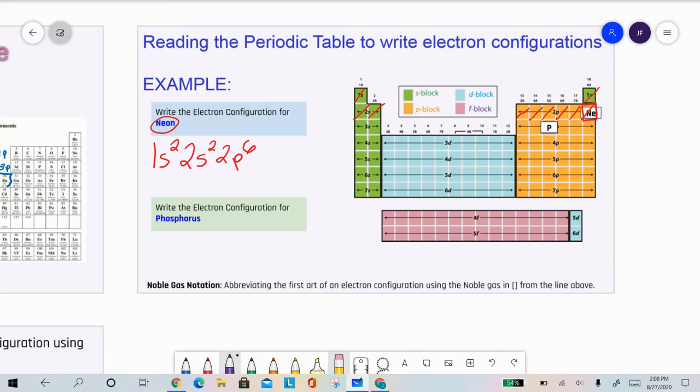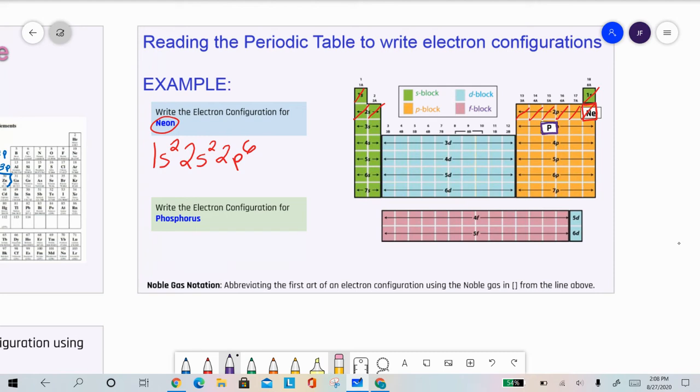Let's do the same thing now for phosphorus. Phosphorus is right here on the periodic table, and I'm going to go through the same process. I have to start at the upper left and then work my way left to right and then down.